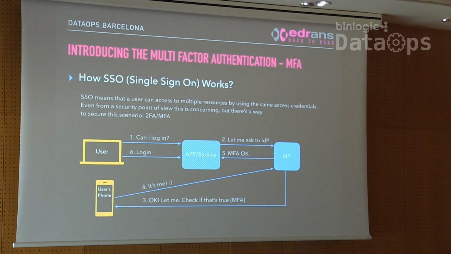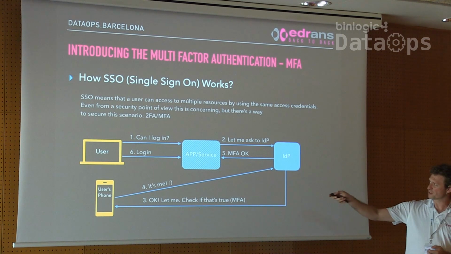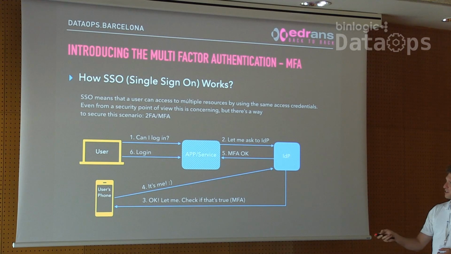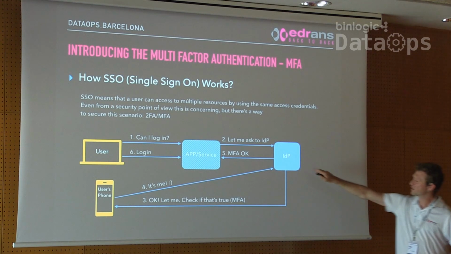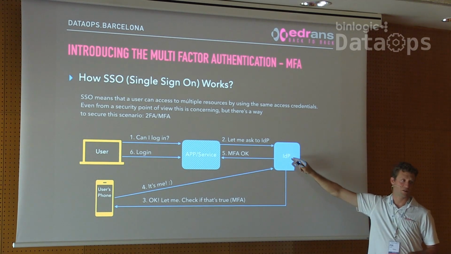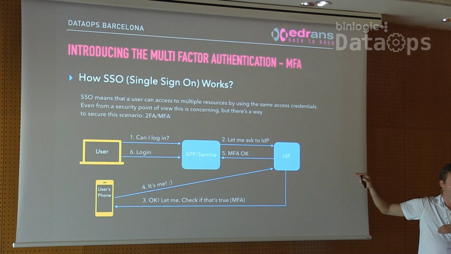Let's take a look at single sign-on with multi-factor authentication. As I said before, we must validate the identity of the user. So we have to be sure that the user is really who he says he is. The user starts to log in to our application or service. The application asks the IDP. Note that I just removed Active Directory or LDAP. We don't need to know what's inside.